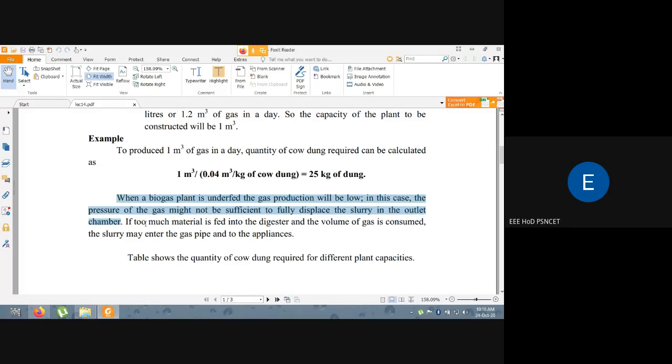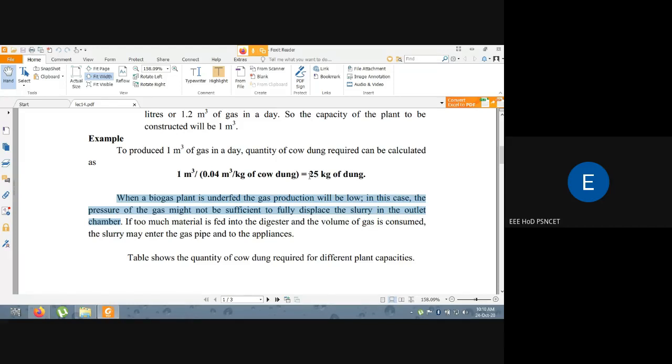Another thing is if too much material is fed. A 1 meter cube size biogas plant can withstand up to 25 kilograms of dung.